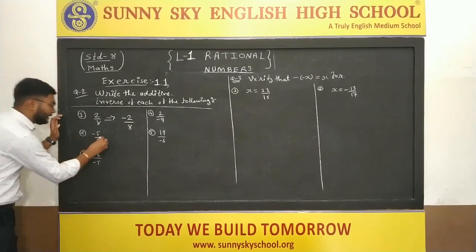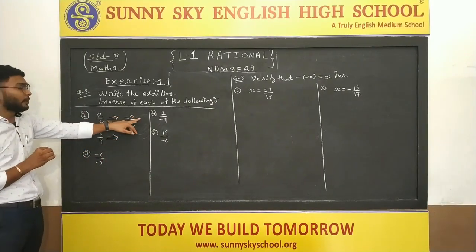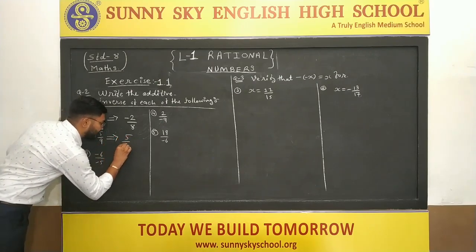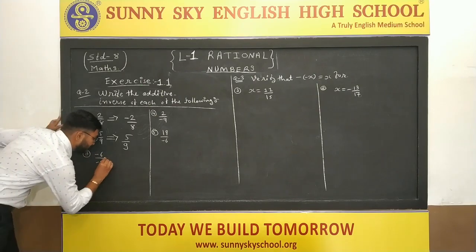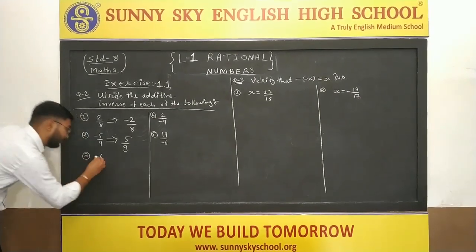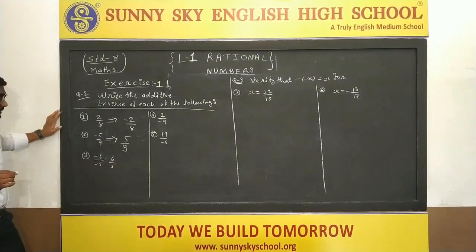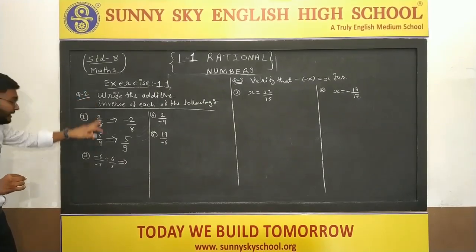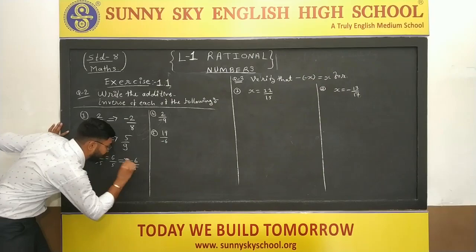Now the additive inverse of minus 5 by 9. See, if plus then we make it minus. If minus is already given, then you make it plus. Therefore, the answer is 5 by 9. See here, both are minus, therefore the first minus minus will cancel and our question is plus 6 by 5. The additive inverse of 6 by 5 is minus 6 by 5.